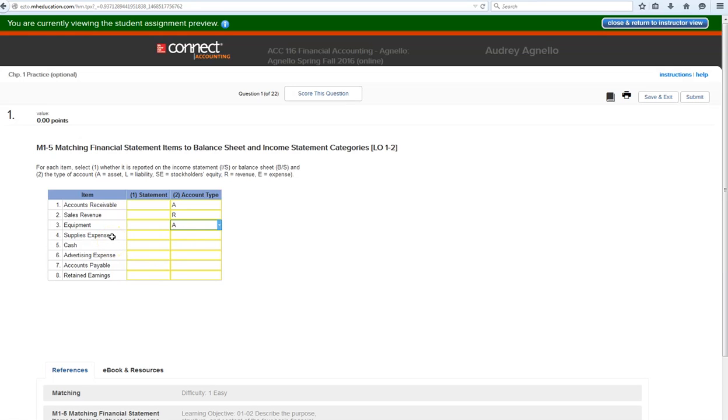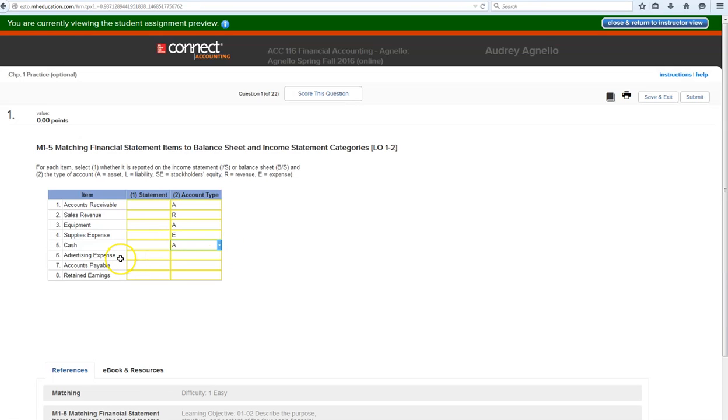Expenses, for the most part, are pretty easy to determine because they often have the word expense in them, like this one, supplies expense. Supplies expense is where we put supplies that were used up during the period. So the account type is expense. Cash is an economic resource owned by the company. We're going to use it. It's going to provide us a benefit in the future.